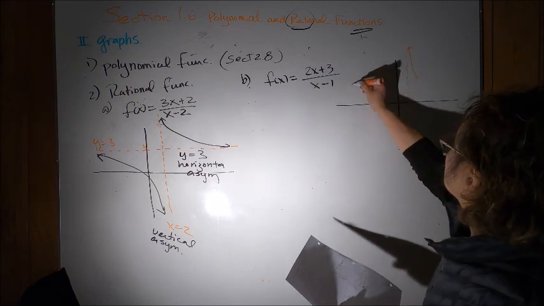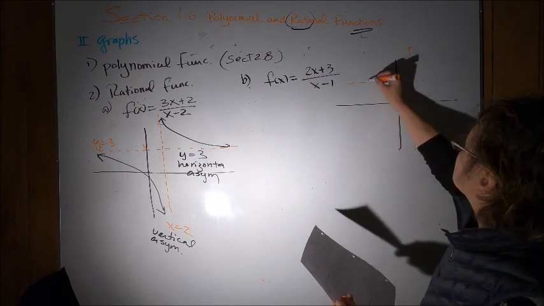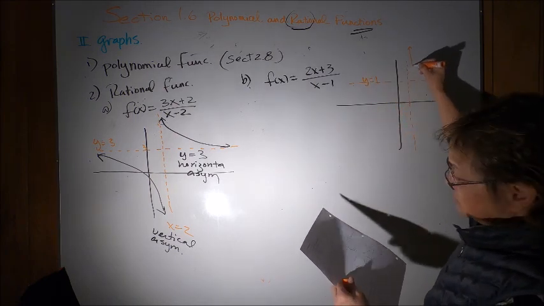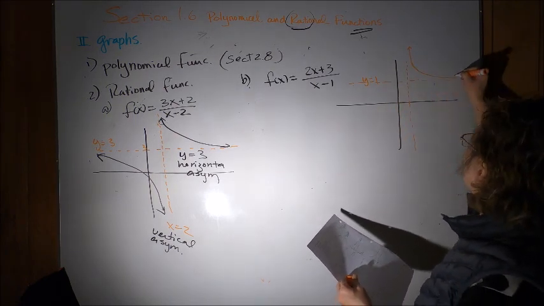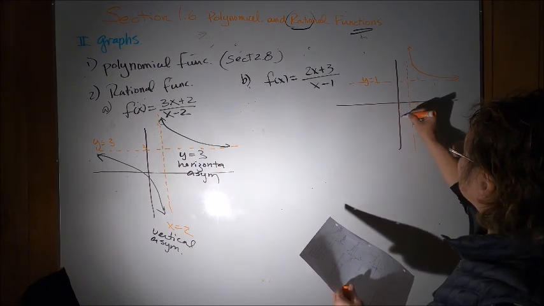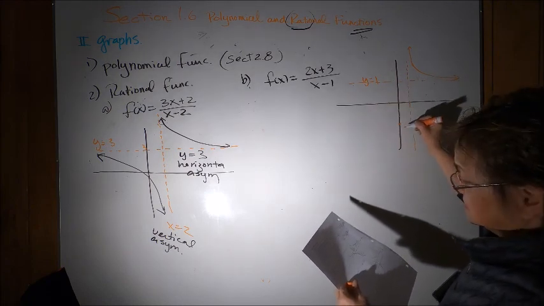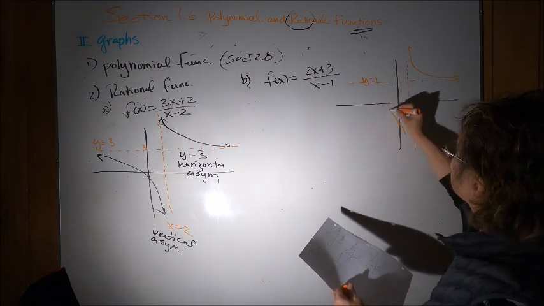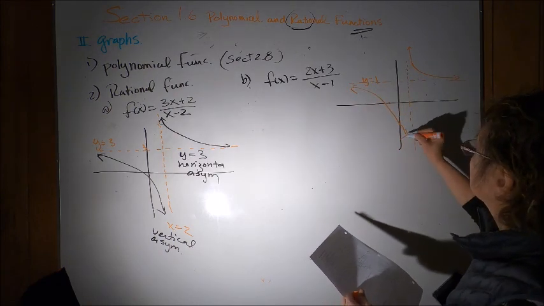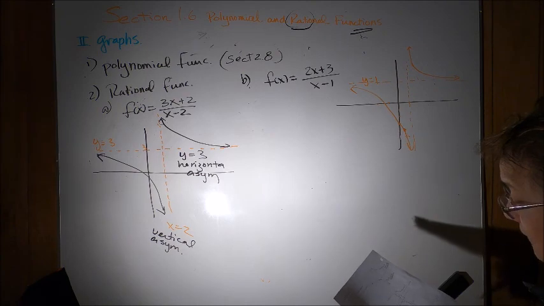Okay, so then this is y equals 2. So the graph looks like that. And this is 1, 2, 3, somewhere there. So the graph looks like that. So here, what do we have?